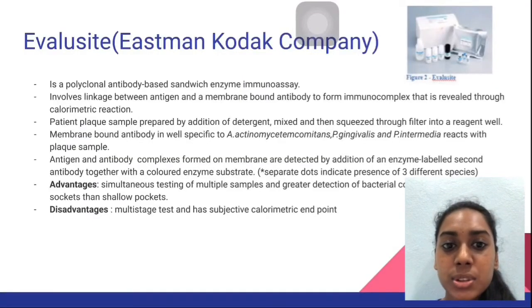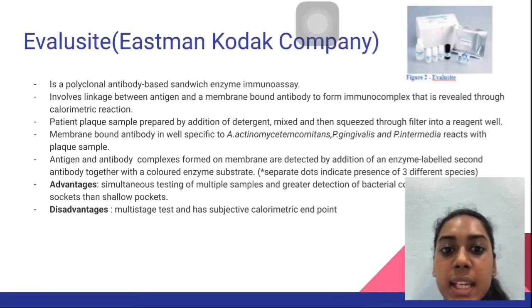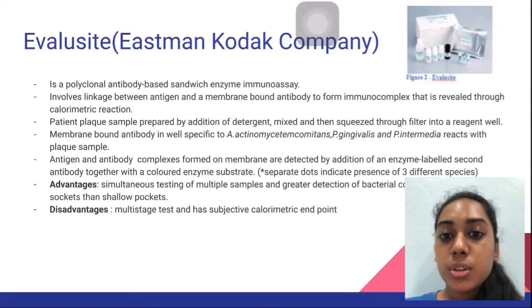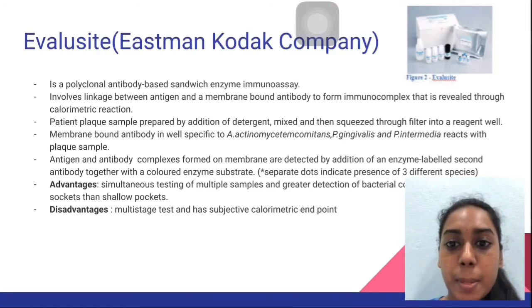The next diagnostic test kit will be Evalute. It is a polyclonal antibody-based sandwich enzyme immunoassay. It involves linkage between antigen and a membrane-bound antibody to form an immunocomplex that is revealed through a colorimetric reaction. Patient plaque samples are prepared by the addition of detergent and mixed together, and then squeezed through the filter into a reaction well.